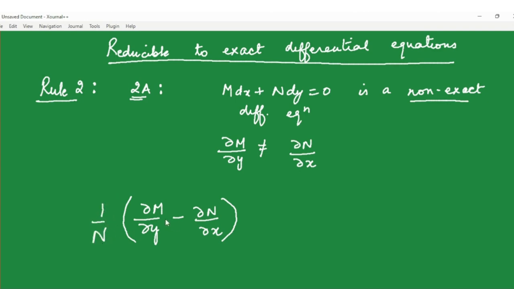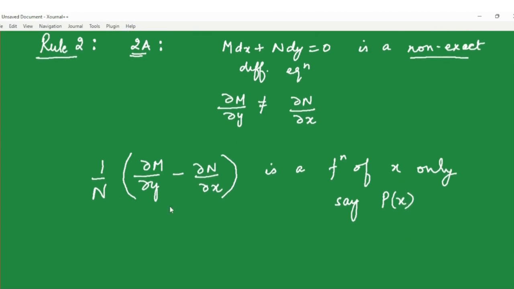If 1 by N times this difference of the partial derivatives is a function of x only, let's call it p of x, then the rule says that e to the power integral of this function serves as an integrating factor for the differential equation.